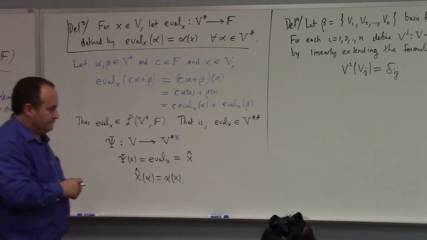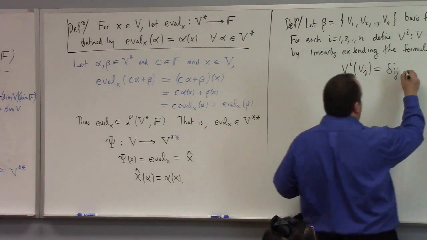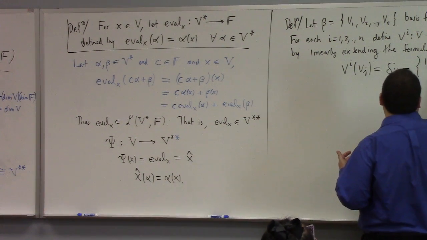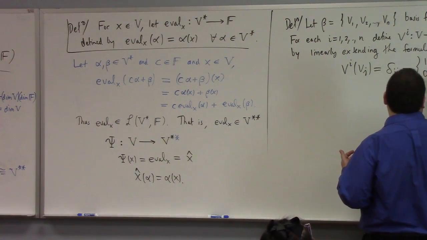So this Kronecker delta, I think I've told you guys about this before, but I'll remind you, it's 1 if i is equal to j, it's 0 if i is not equal to j, okay?